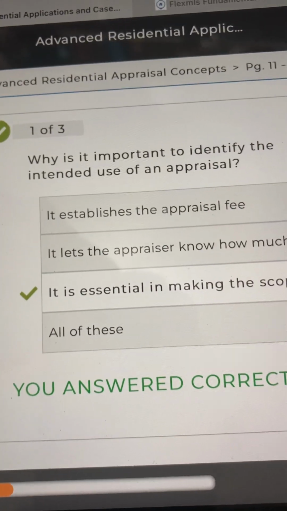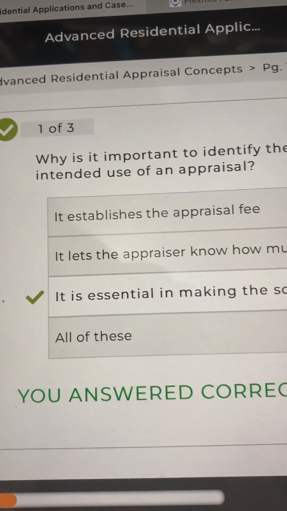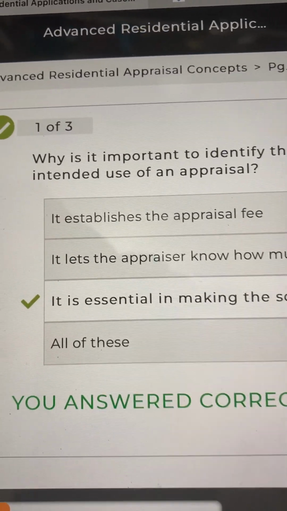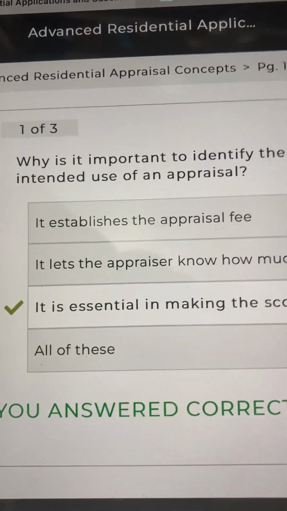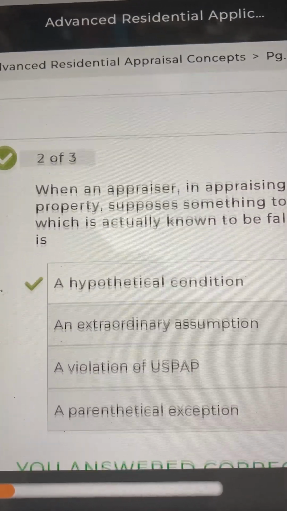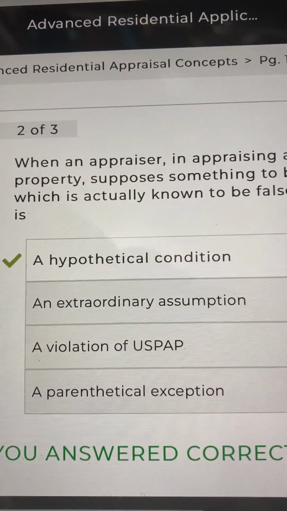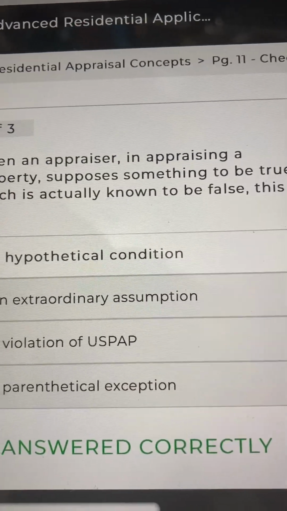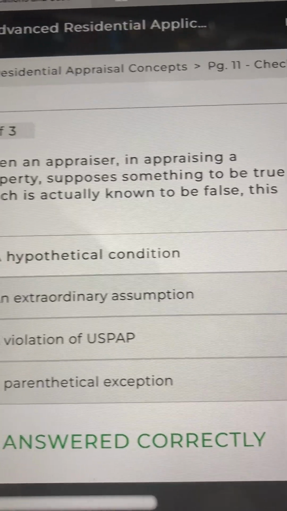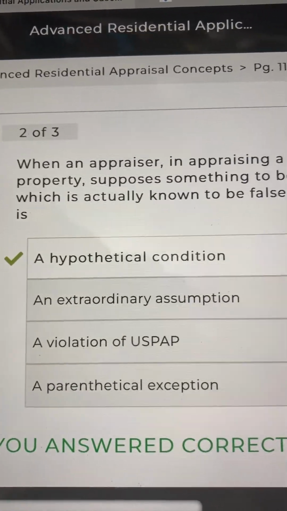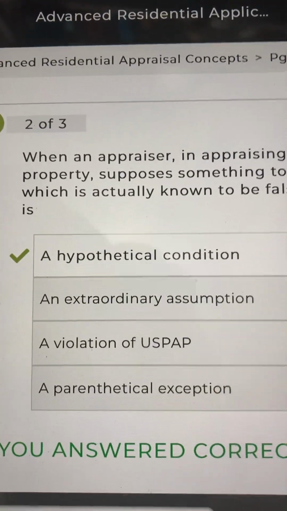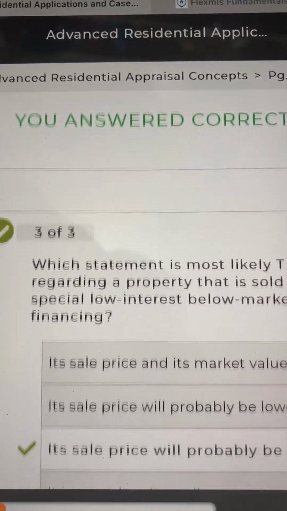So remember, number 1, why is it important to identify the intended use of an appraisal? You said it is essential in making the scope of work decision, and that was correct. Number 2, when an appraiser, in appraising a property, supposes something to be true which is actually known to be false, this is, you said, a hypothetical condition, and that was correct.